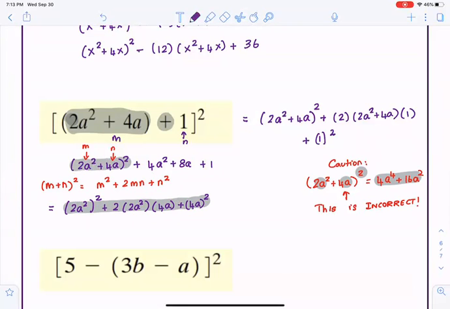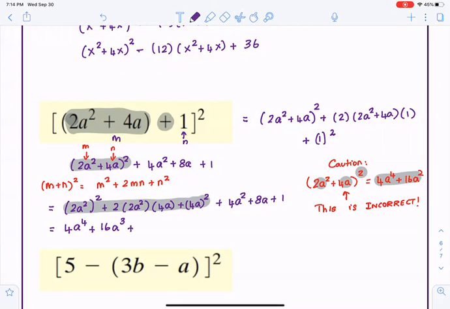We still have 4A squared plus 8A plus 1. Now we could simplify. 2 squared is 4. A squared, you're squaring it again. Properties of exponents, I'd get A raised 4. The second term, 4 times 2 is 8. 8 times 2 is 16. A squared times A is A cubed.